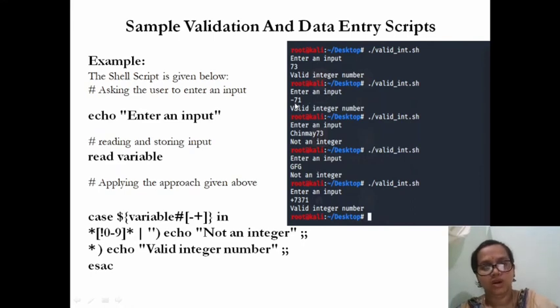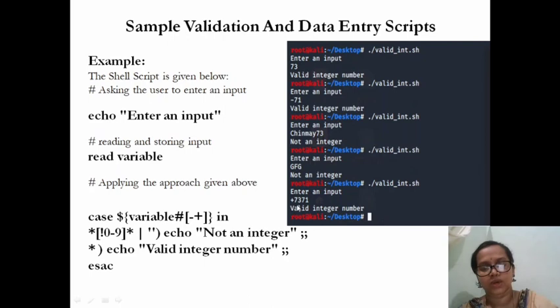Enter an input minus 71. It can be minus or plus, isn't it? So minus 71 is a valid integer number. If you enter Chinmay 73, it is not an integer. Why? Because Chinmay is not allowed here, only numbers should be entered. Enter an input GFG, it is not an integer.